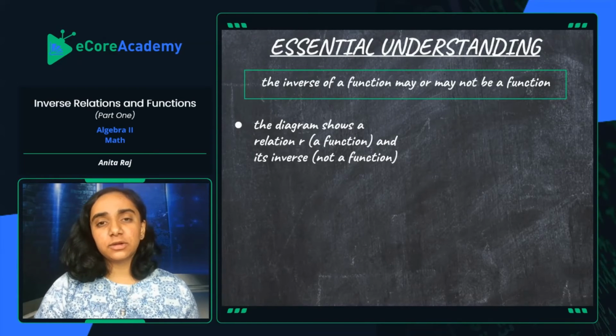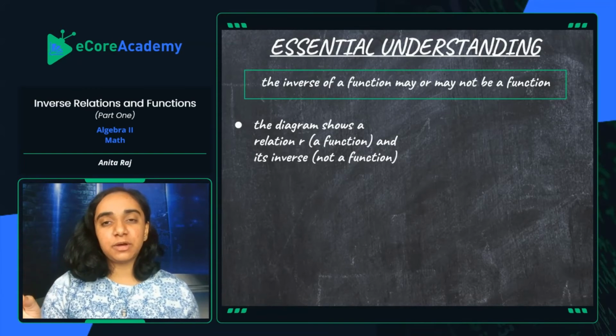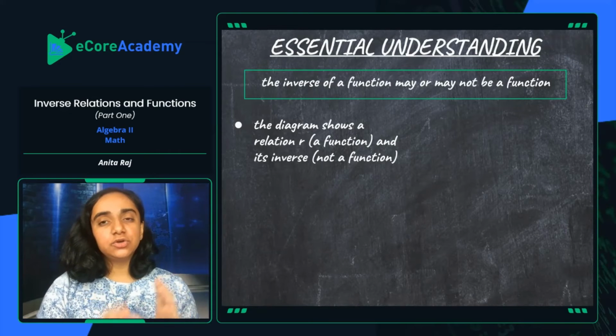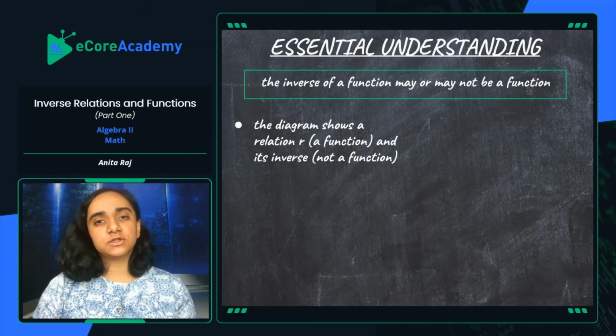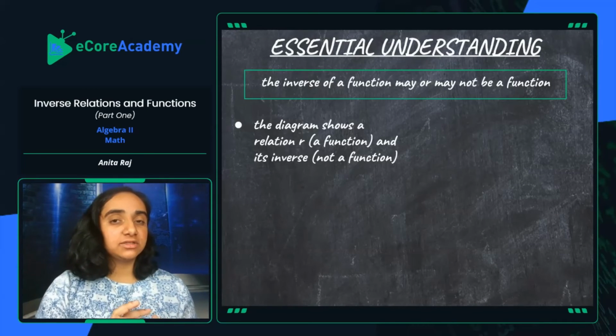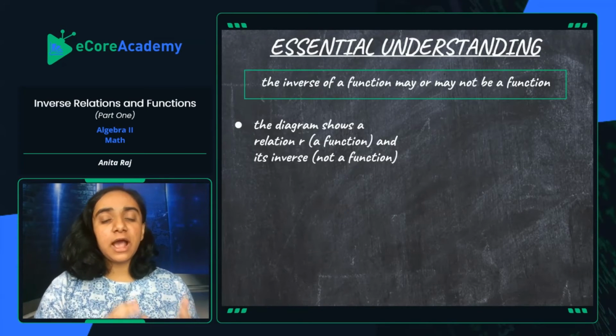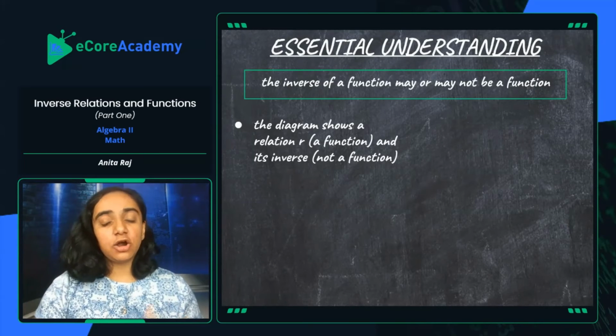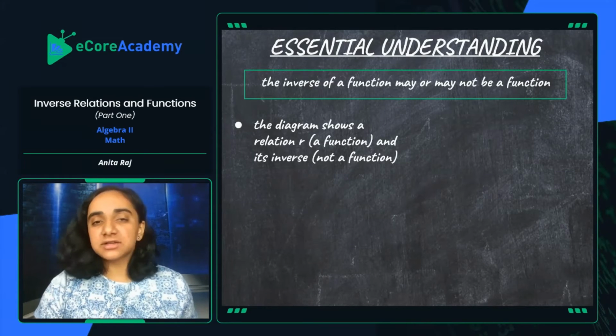And of those 4 numbers, 2 of them will correspond to the same value in the range, and the other 2 will correspond to the second value in the range. So you can have multiple inputs correspond to the same output, but you can't have multiple outputs corresponding to the same input. In this scenario, we have multiple inputs corresponding to the same output. That's relation R, and it is allowed. It's a function. It passes the vertical line test.